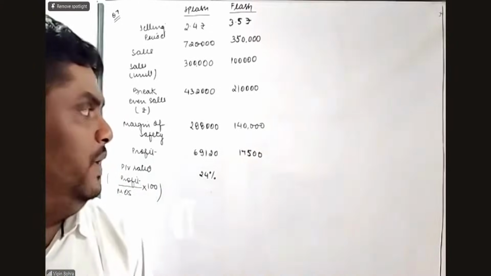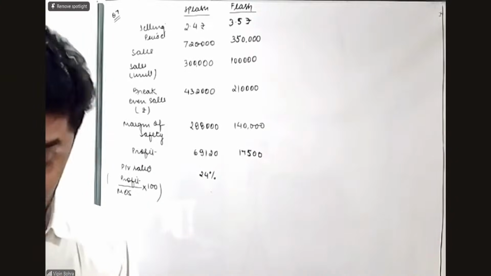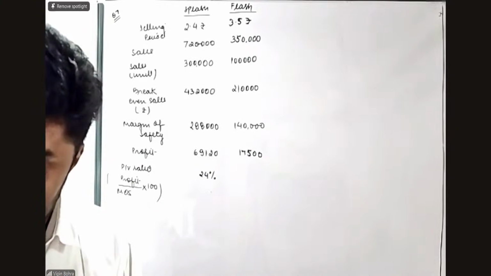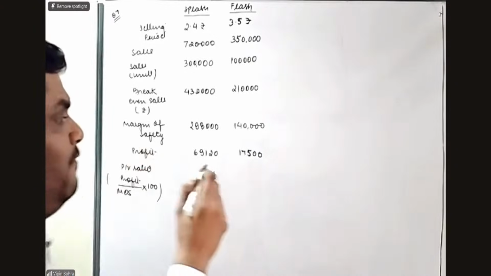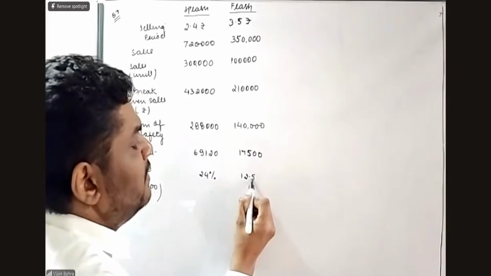My PV ratio will be 24%, and for this, it will be 12.5%.